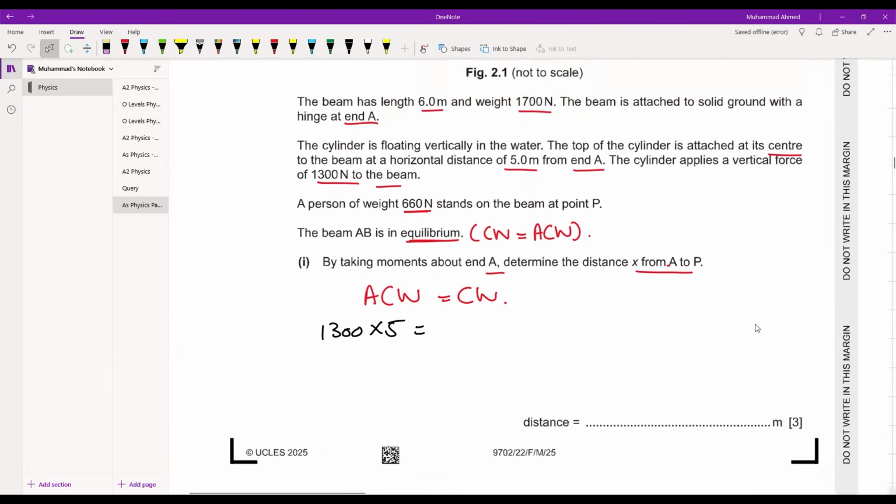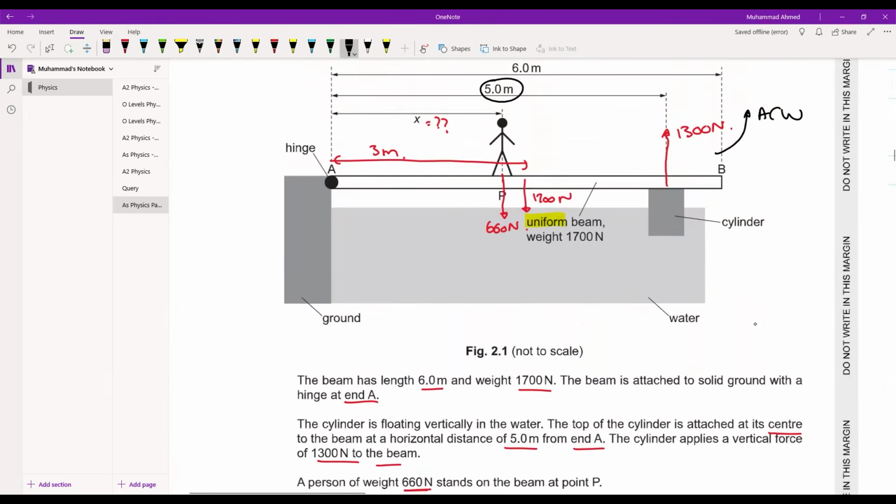Now let's come to the clockwise moment. To calculate the clockwise moment you have to understand there are two forces. This 660 Newton is also creating a clockwise moment, and this 1700 Newton is also creating a clockwise moment. The moment due to the 660 Newton force is 660 into x.